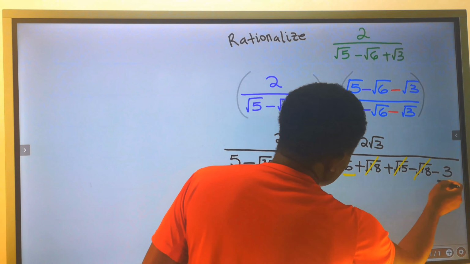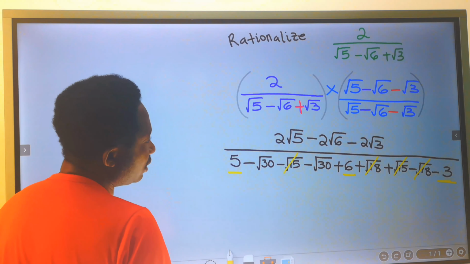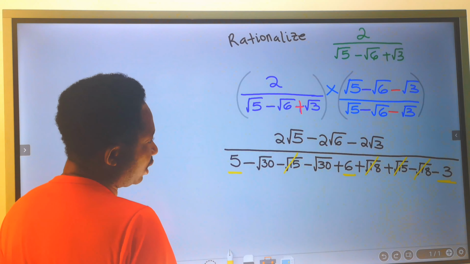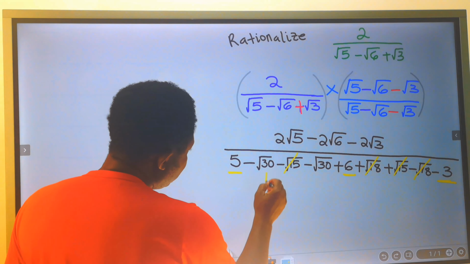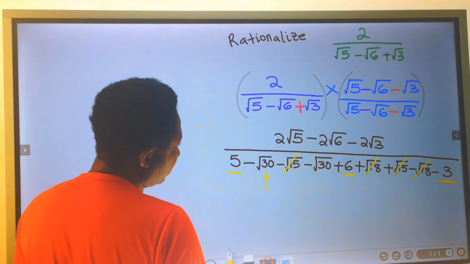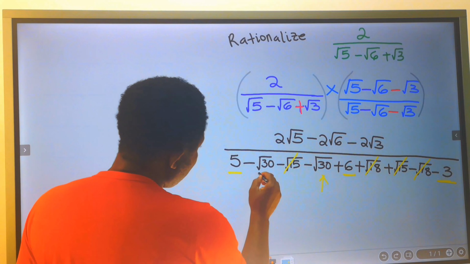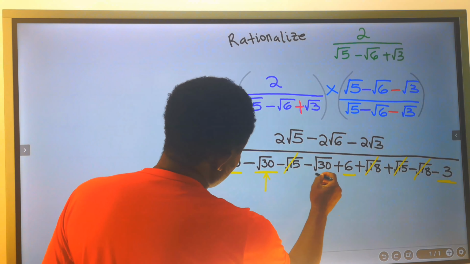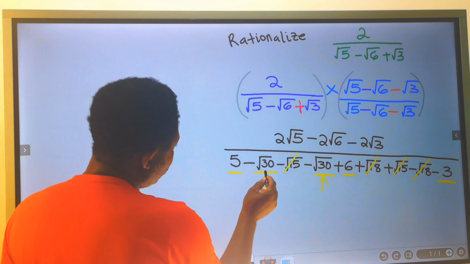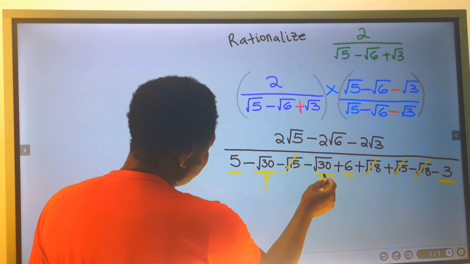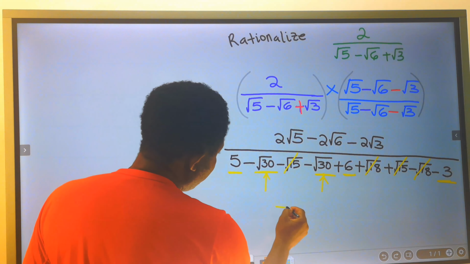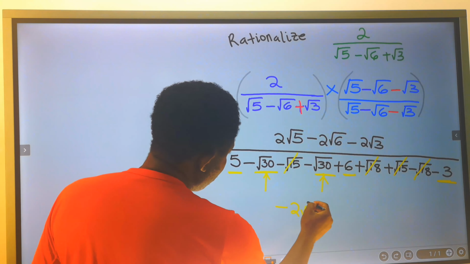And 11 minus 3, which is also a constant, will return 8. This is the square root of 30. And this is the square root of 30. If the square root of 30 is an orange, minus one orange minus another orange will give you minus 2 oranges.